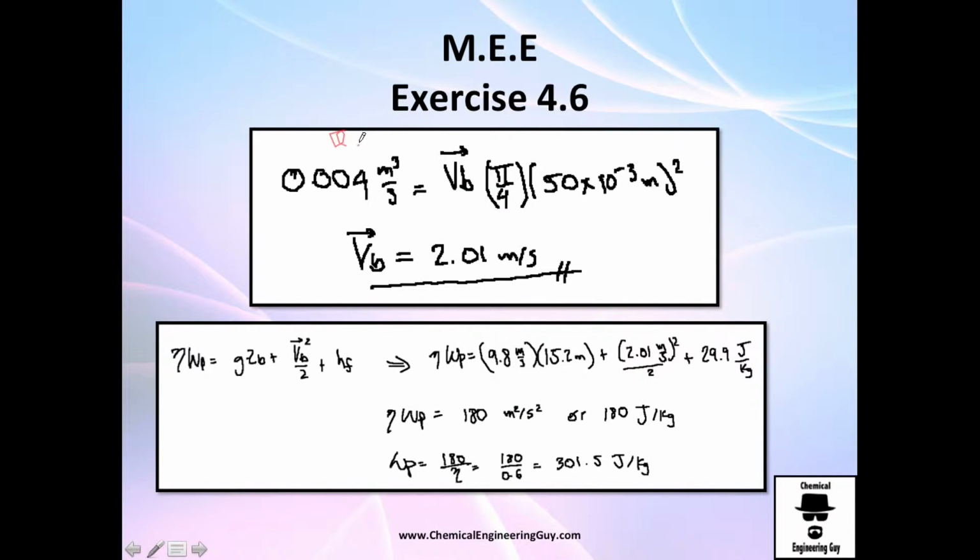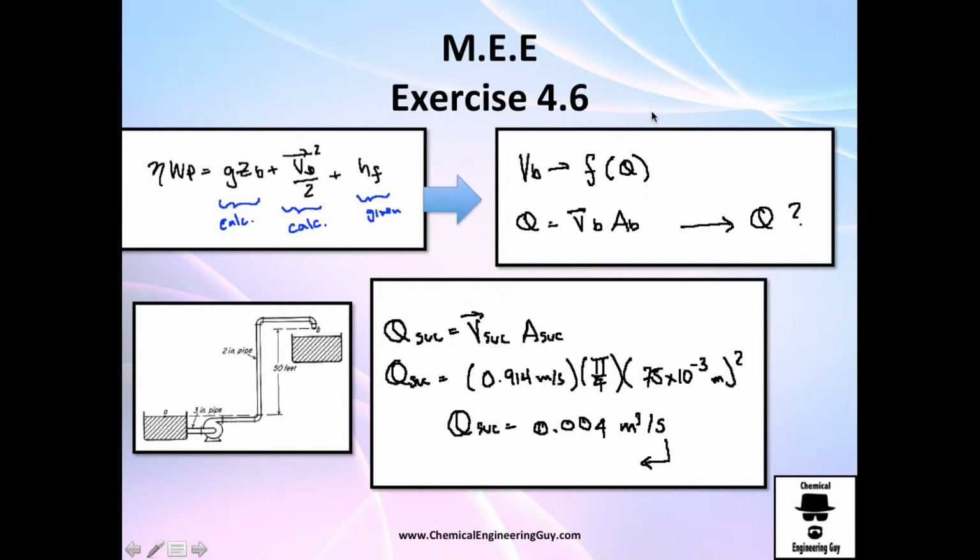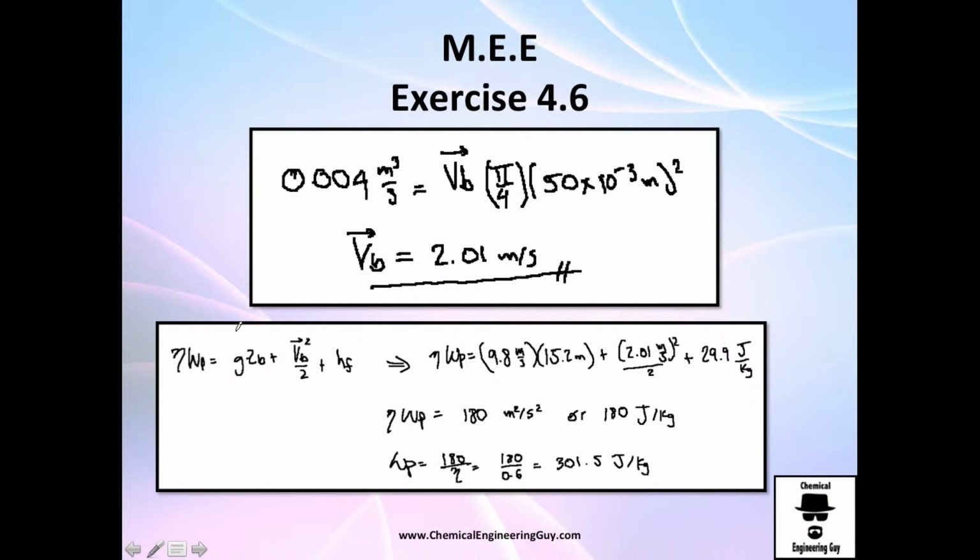So Q equals velocity times area. I don't have area, but I can calculate that. Pi divided by 4. And now be sure, guys, to use the volumetric flow rate. We want to calculate the velocity on this pipe, so we can calculate the velocity on B. So be sure to use the 2-inch pipe, which is about 50 millimeters. Right here it is, 50 times 10 to the minus 3.